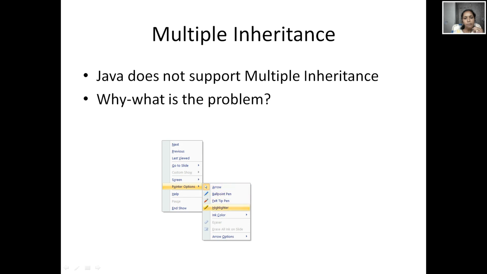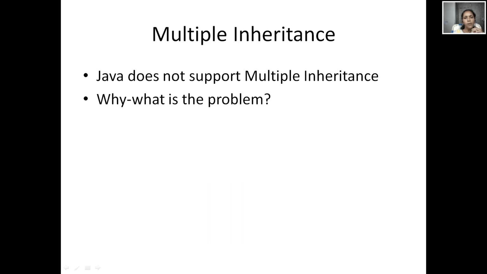In multiple inheritance, one child class acquires properties from multiple base classes.